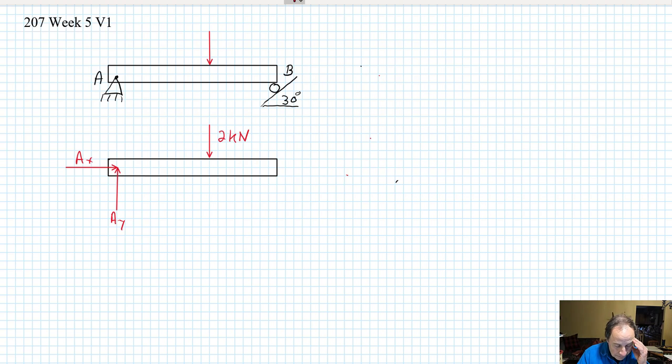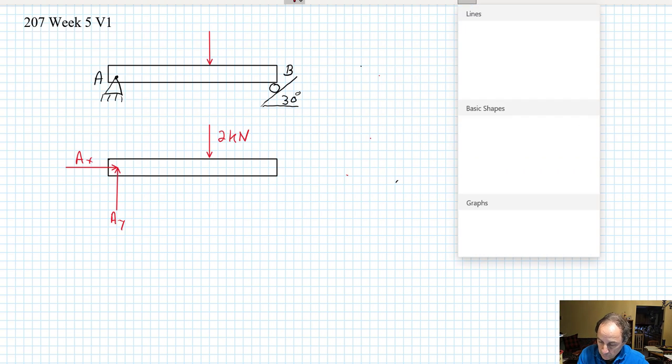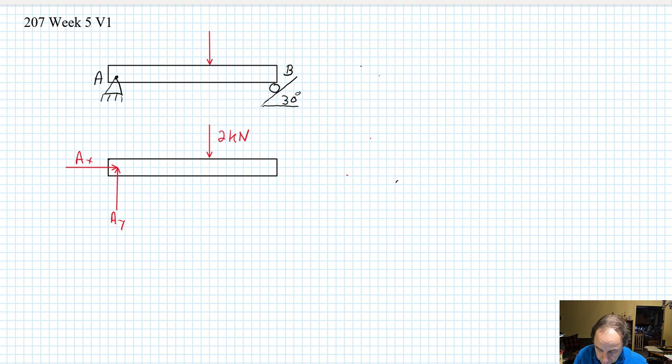Okay, now B, right? So the force acting at B with this roller is at 30 degrees, and remember that the roller can only exert a force normal to itself. So it's going to be like this.